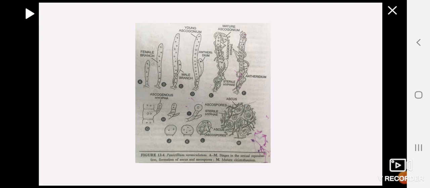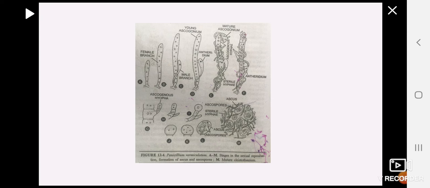The nucleus also divides repeatedly and forms 32 to 64 nuclei. So it becomes a long, tubular, multinucleate, non-septate structure, which is slightly curved at the apical end. You can see in the diagram that this elongated female branch forms a young ascogonium.